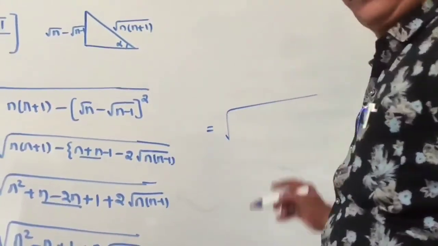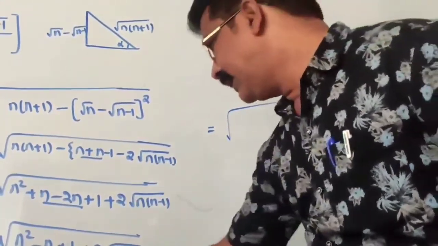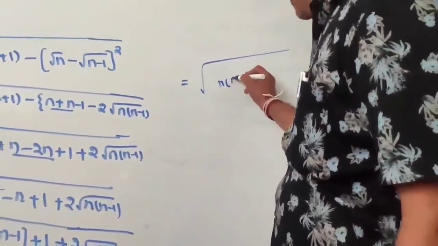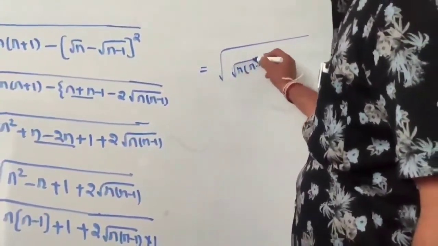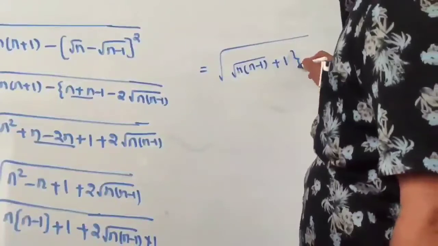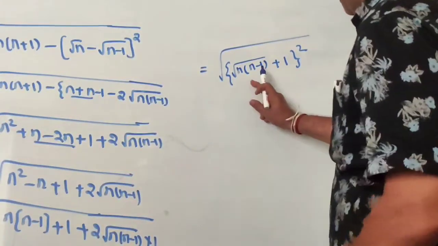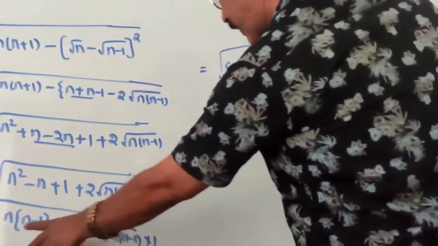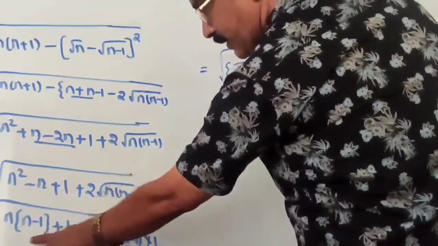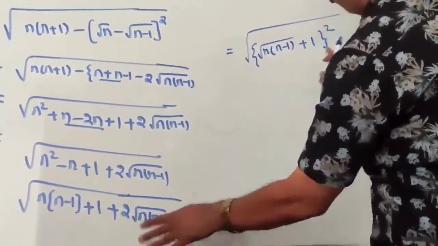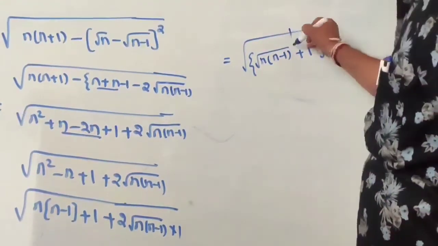whole root of, it is a root of n into n minus 1 plus 1 whole square. So you can open it. It is a plus b whole square. A square means without root, square root cancels. Next plus 1 whole square, plus 2ab. So therefore the square root gets cancelled.